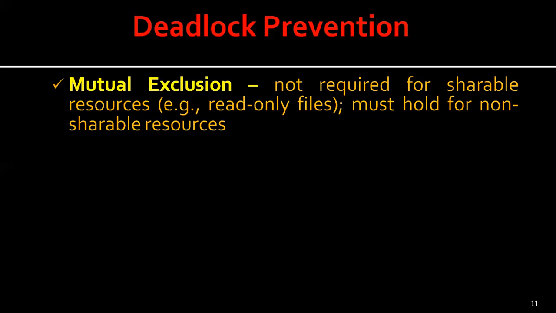So we can deny this condition with a simple protocol, that is, converting all non-shareable resources to shareable resources. Then this condition is not satisfied, so we can prevent the deadlock. Of course, there is a small correction: a printer is not shared by a number of processes at a time. So we cannot convert the printer from non-shareable to shareable mode, or we cannot apply this prevention method for systems consisting of printers.